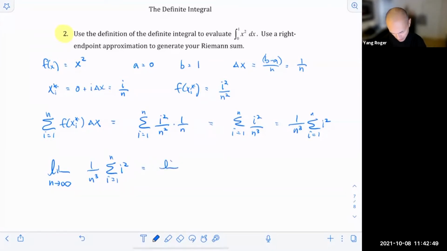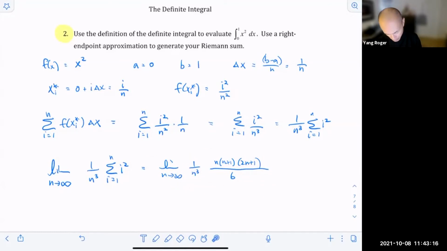That's going to be the limit as n goes to infinity, 1 over n cubed. You got n times n plus 1 times 2n plus 1 all over 6. I kind of want to point out that the total degree on the top is n cubed. The total degree on the bottom is n cubed. So I know this is going to be a finite number.